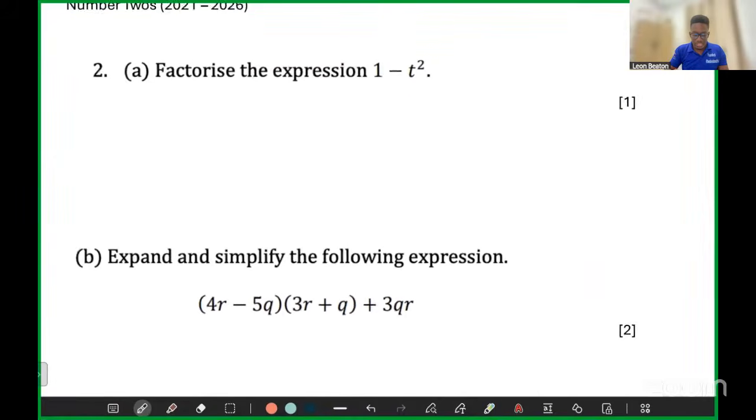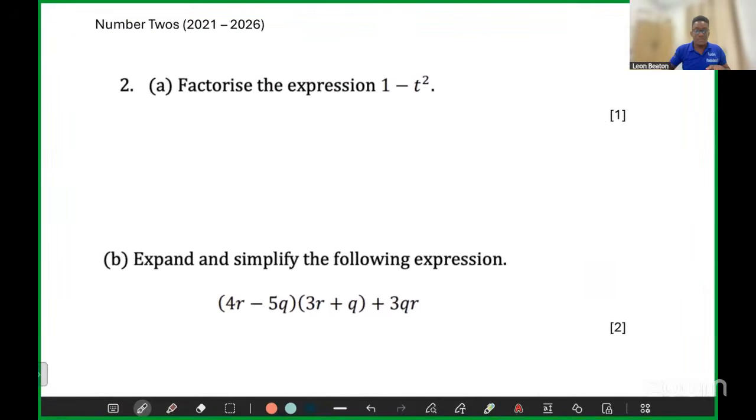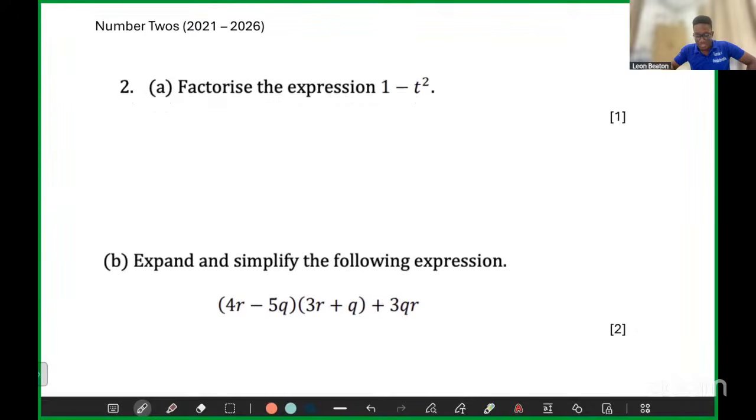So we're looking at all of the number twos from 2021 all the way to January 2026. So let's go. We're asked to factorize. The first thing they want us to tackle is factorize.